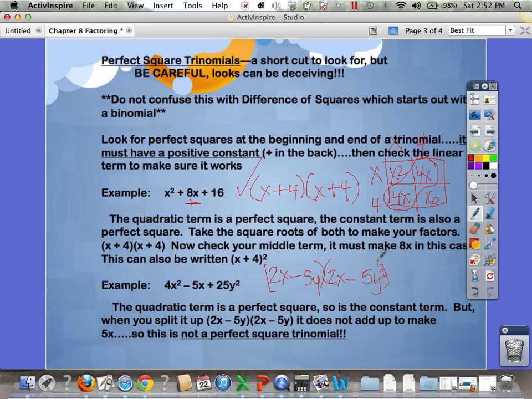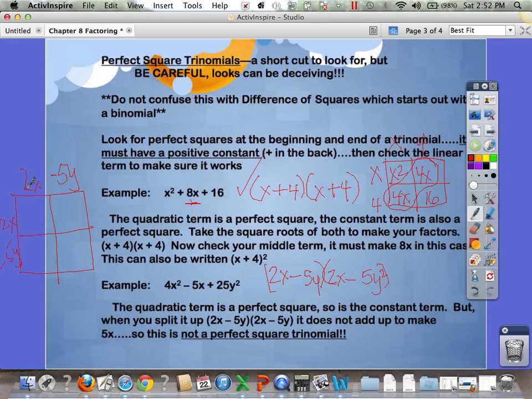Now, let's double check, okay? If you were to make a box, let's see if I can make a box over here where you can see it. And put 2x, minus 5y. 2x minus 5y.